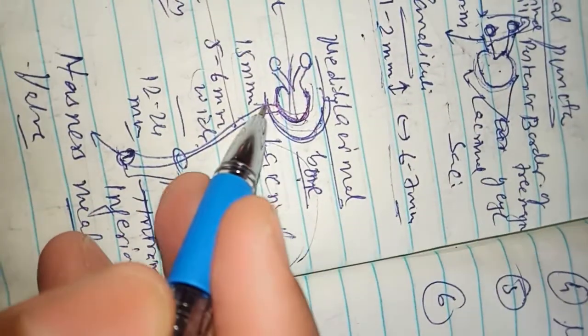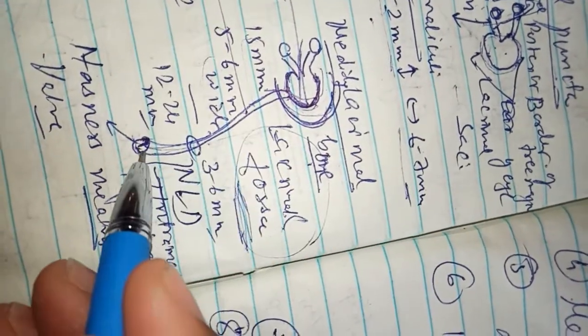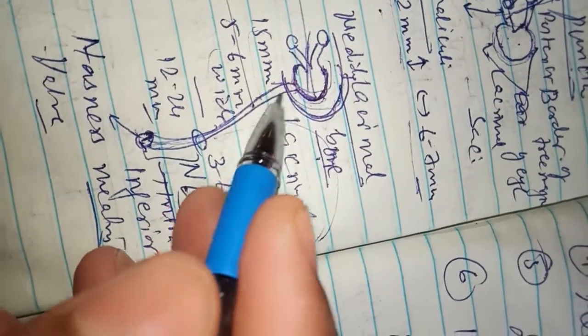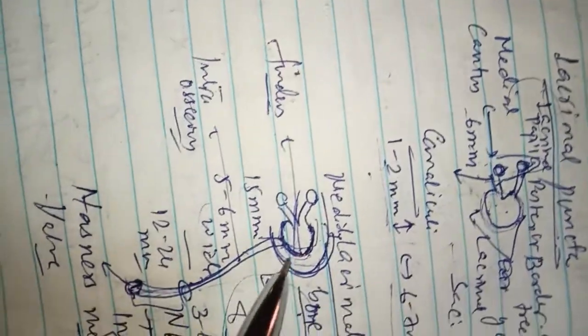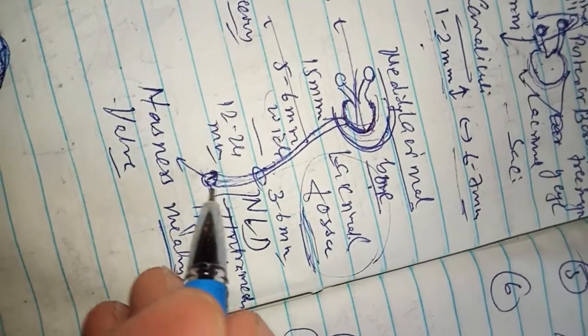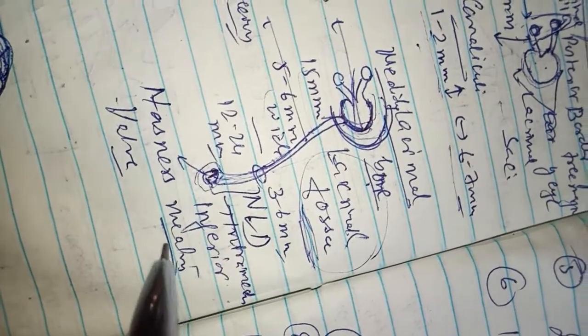From the lacrimal sac, the nasolacrimal duct opens. The nasolacrimal duct has an orbital part, an intraosseous part and an intrameatal part, and it ultimately ends in the inferior meatus of the nose.